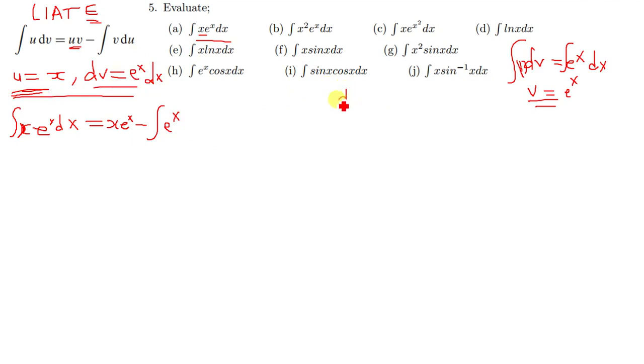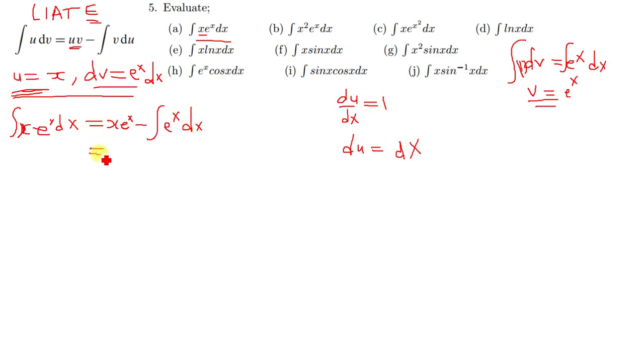You're going to have du/dx being equal to 1, because the derivative of x is 1. Once you do that, you can cross multiply to have du being equal to dx. So where there is a du here, I can put dx. So I'm integrating e to the power x with respect to x.